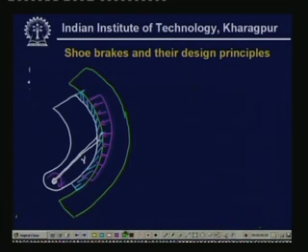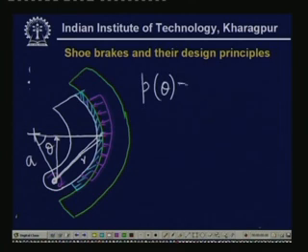This is the center, and this distance, let us say distance A, and if you consider this angle to be theta at any point, then it can be proved that the force distribution P theta will be a function of sin theta, because it can be proved from the geometry that if the rotation is gamma, then the pressure developed will be equal to this deformation over here.